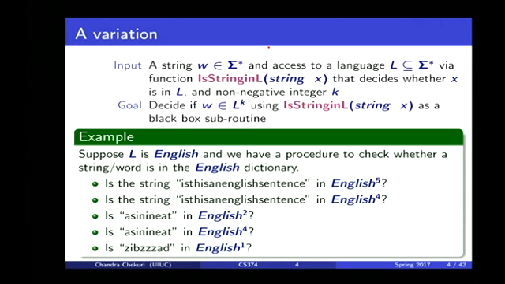That means, can I split the given string into strings, each of which is in the given language L? So I'm going to add a small extra constraint, where I give you another integer parameter k, and I want to know is the given string in L to the k. What does it mean? Can I split my given string into k strings, each of which is in the language?